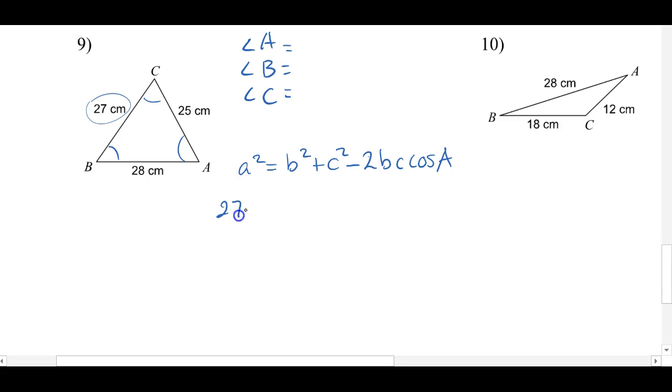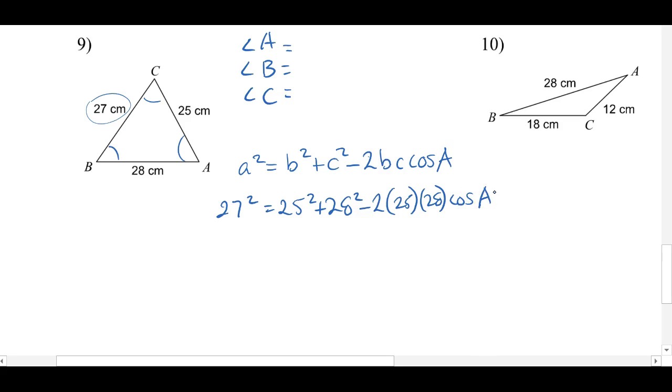Now 27 squared equals B squared, 25 squared, plus C squared, which is 28 squared, minus 2 times B, which is 25, times C, which is 28, times cosine of angle A, which we do not know.